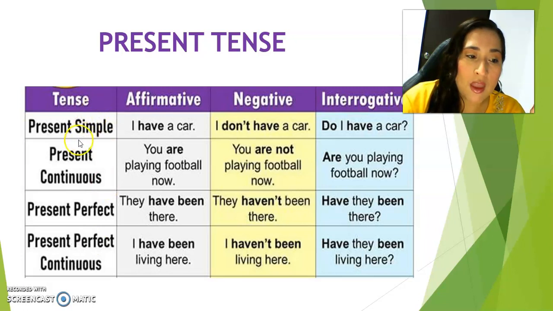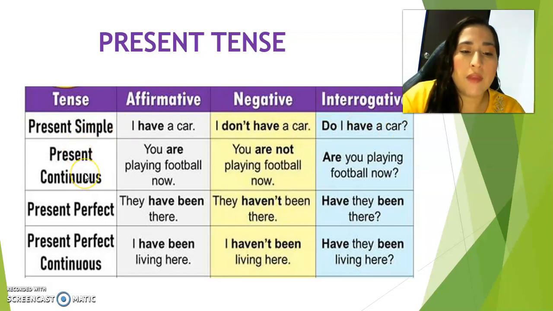Okay? In present simple, we have in affirmative, I have a car. In negative, I don't have a car, because do is the auxiliary verb for negatives and for interrogatives in present simple tense. I don't have a car. Do I have a car?